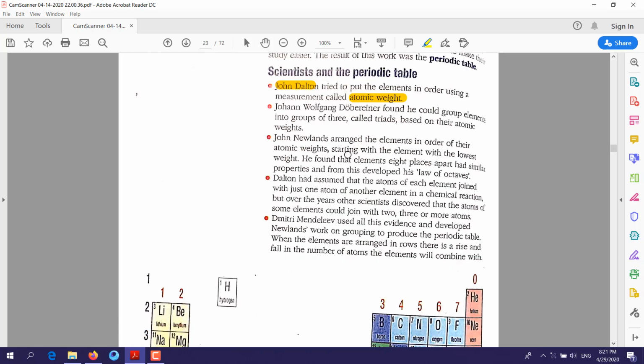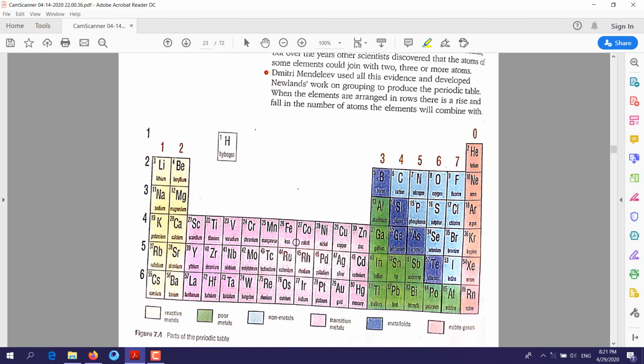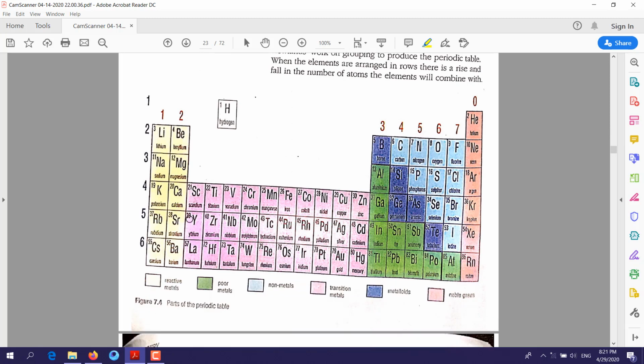Here are some examples of scientists and how they arranged the periodic table. This copy of the periodic table is the one that we are using now.